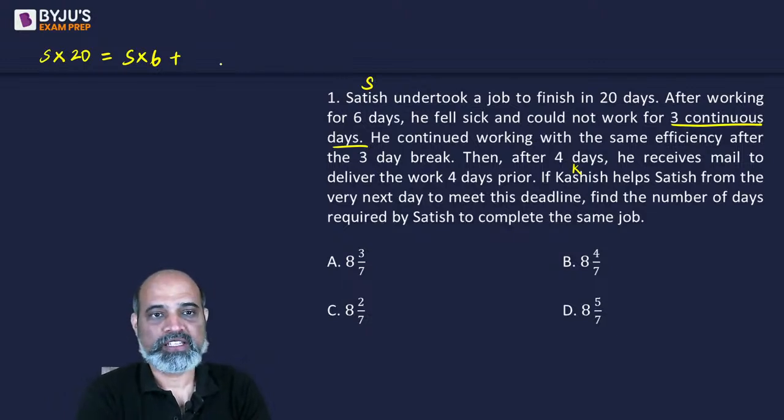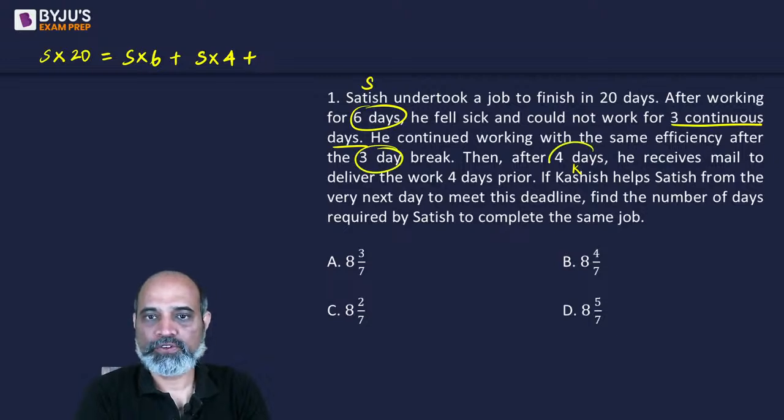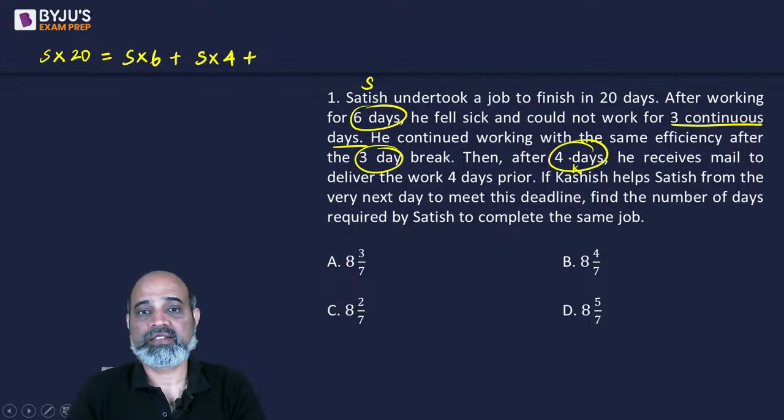Then after 4 days, that means Satish again worked for the next 4 days. So he has so far worked for 6 days, then he was on a 3-day break, and then it is 4 days. So a total of 13 days have elapsed. Out of 20 days, 13 days of work is done.